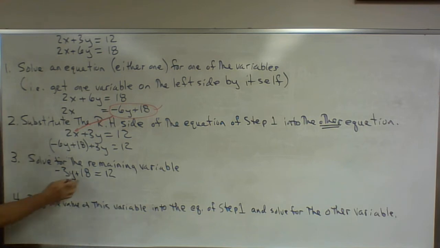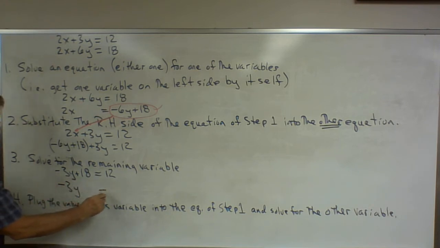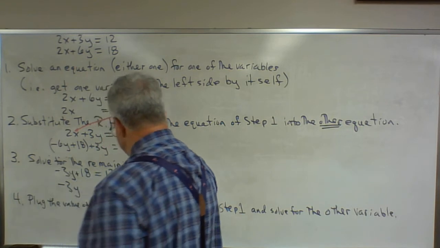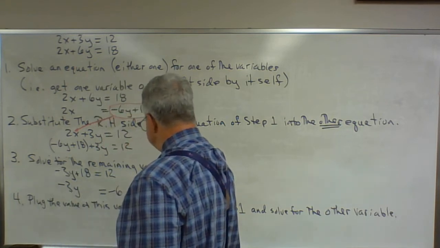And then I can subtract 18 from both sides. If I subtract 18 from the left, I just get 0. If I subtract 18 from the right, I get negative 6. Okay, we're getting there. We're solving for y.